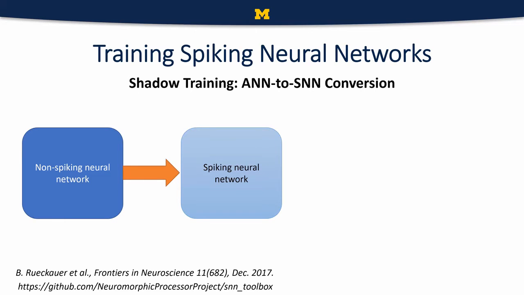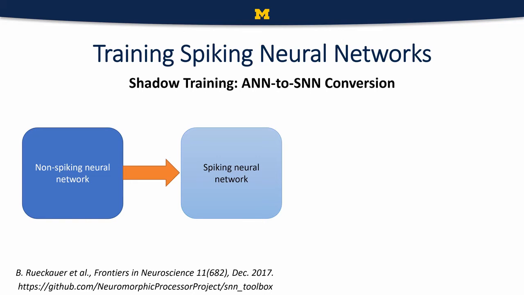So the first, and perhaps one of the more mature approaches as far as deep learning is concerned, is the idea where you perform your training on an artificial neural net and then you use some optimization process and convert that into a spiking neural net.